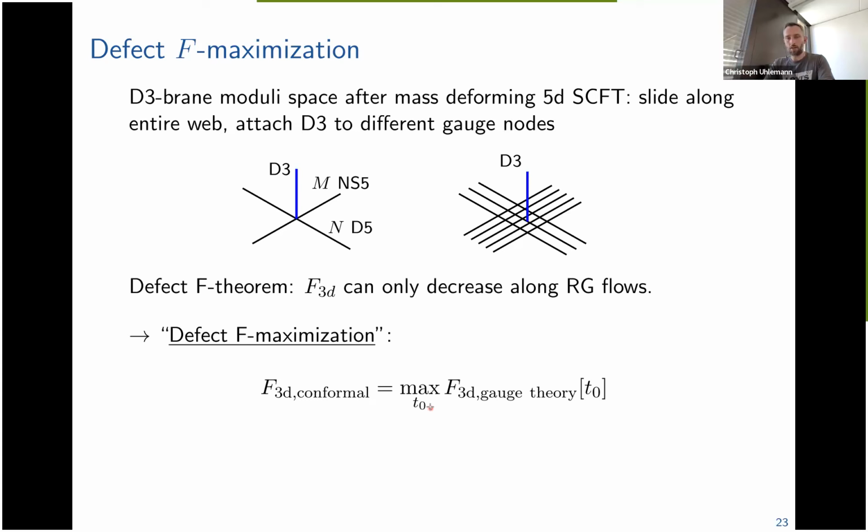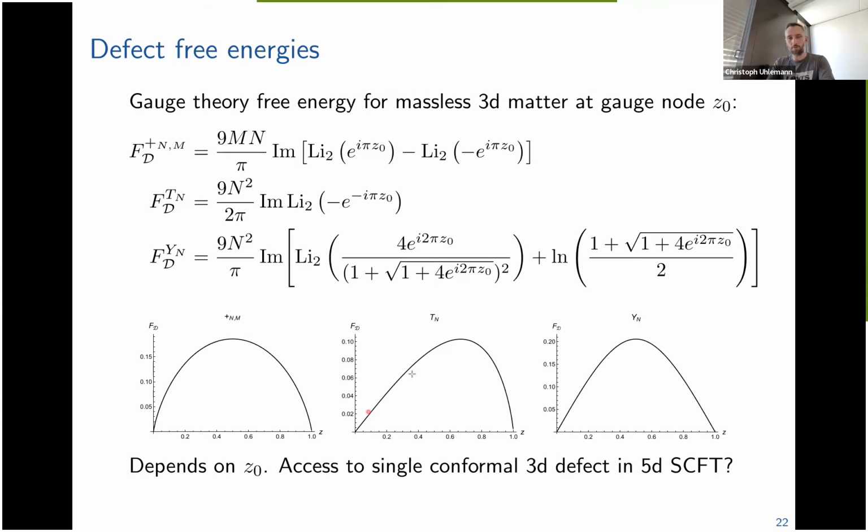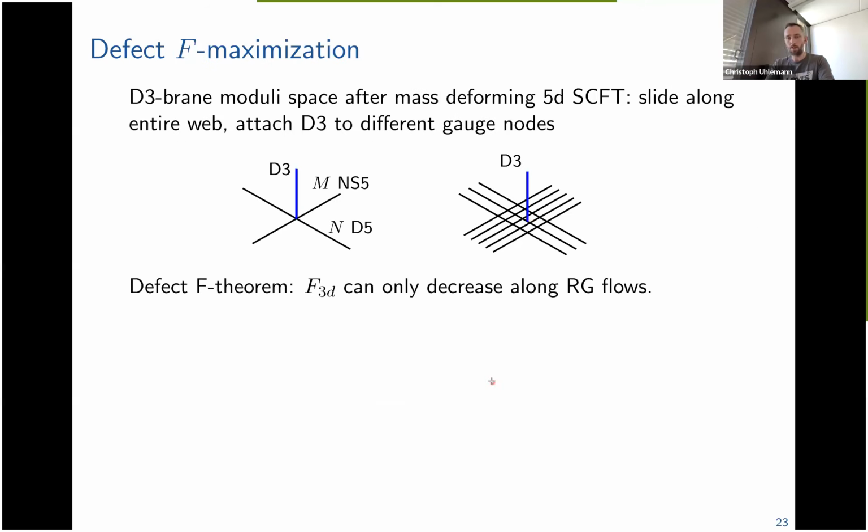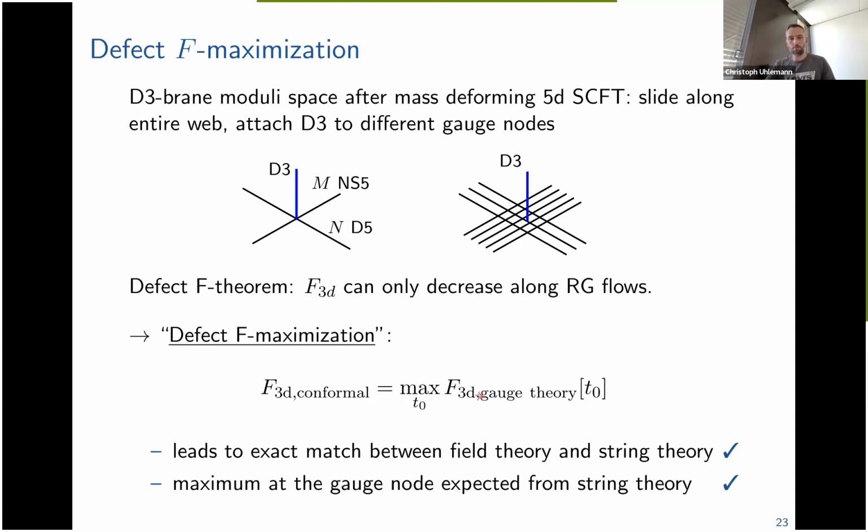That's a fairly straightforward exercise. We have these plots, we're looking for the maximum, and searching for these maxima indeed leads to an exact match between the field theory and string theory calculations on the nose, analytic calculations which match.